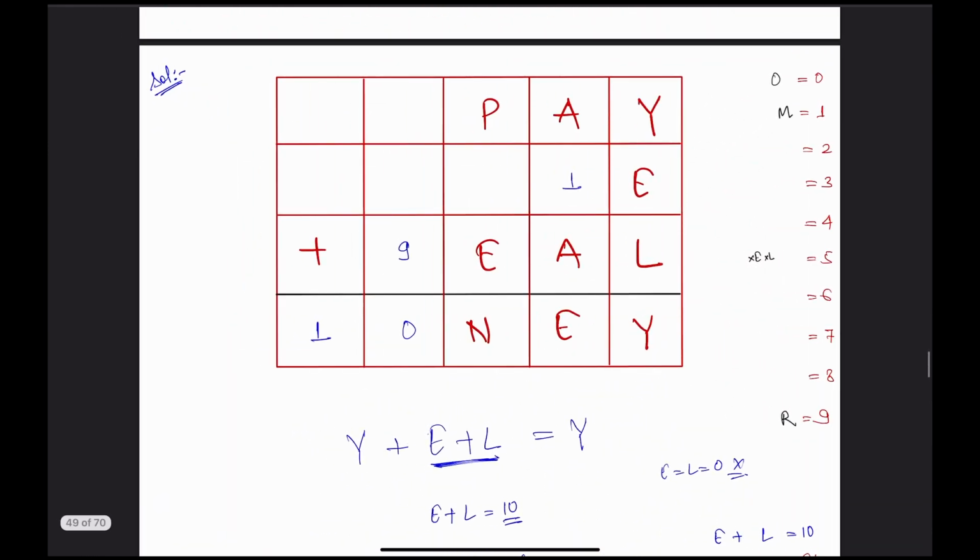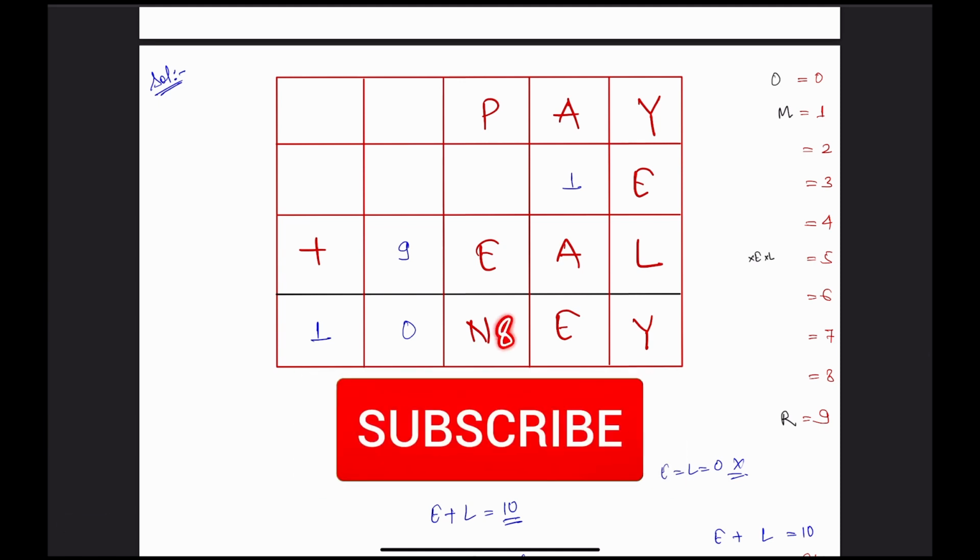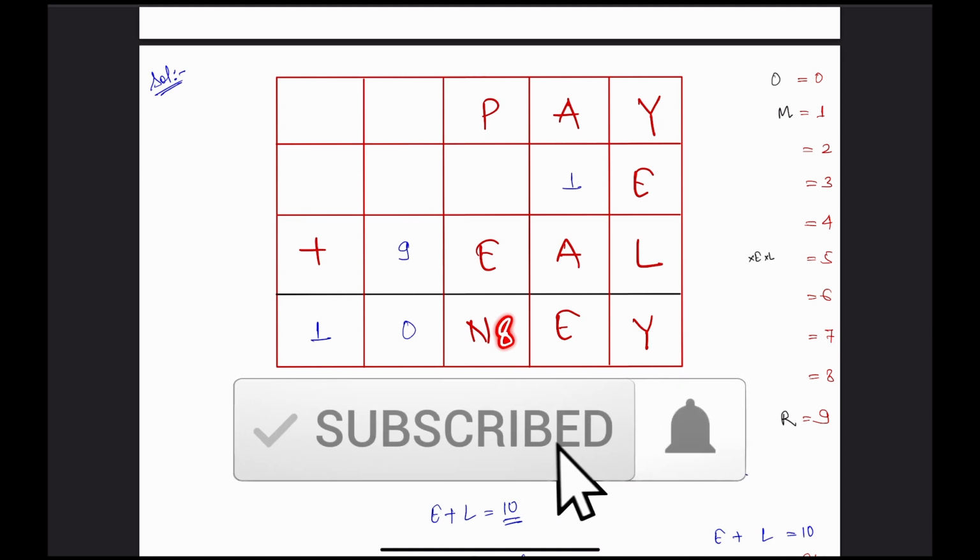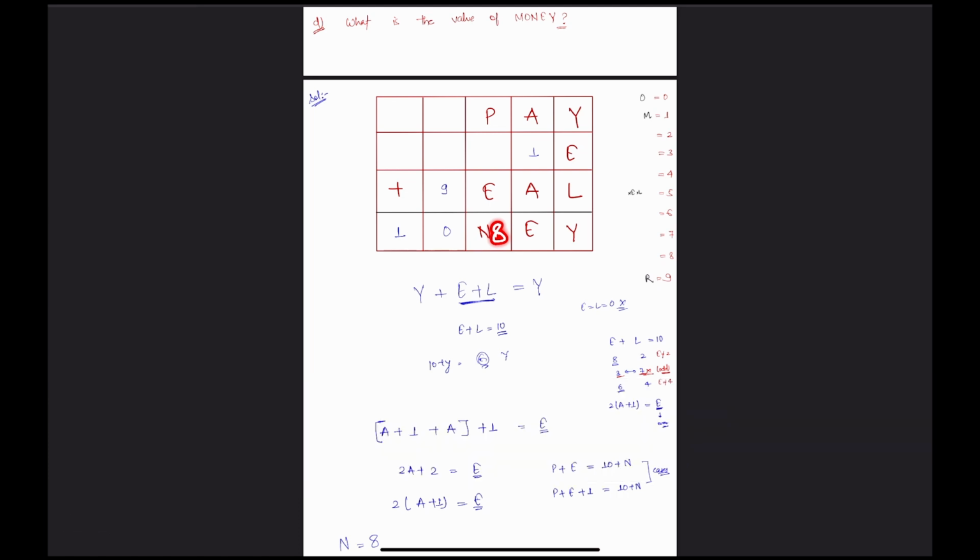If my N becomes 8 over here, I want a carry, so I want the sum to be 18.